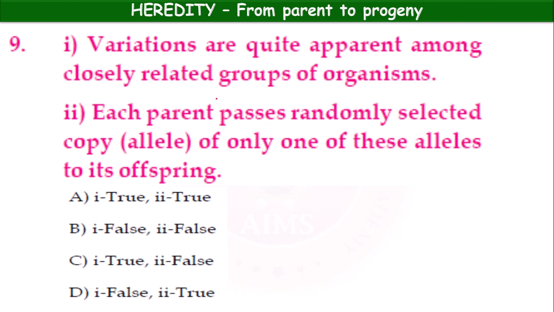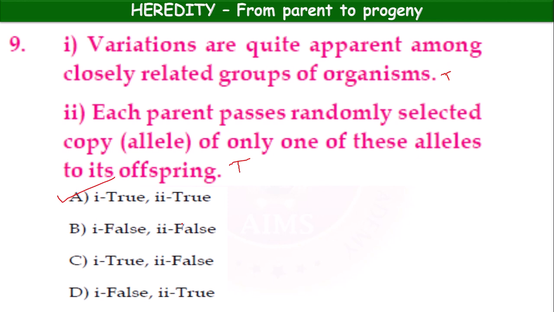Here the first statement, the variations are quite apparent among closely related groups of organisms. Yes, it is true. Okay. Each parent passes a randomly selected copy, allele, of only one of these alleles to its offsprings. This is also true. So, here both the statements are true.